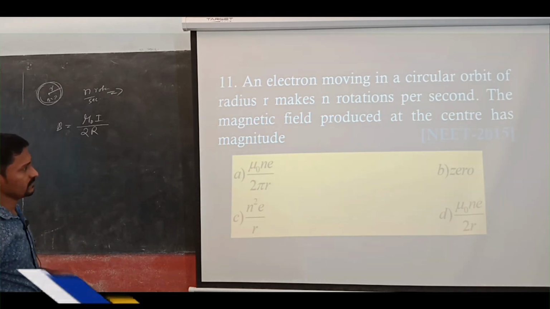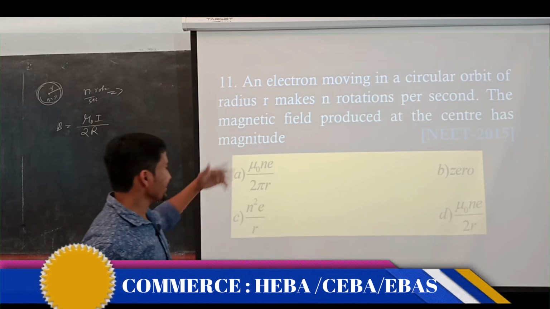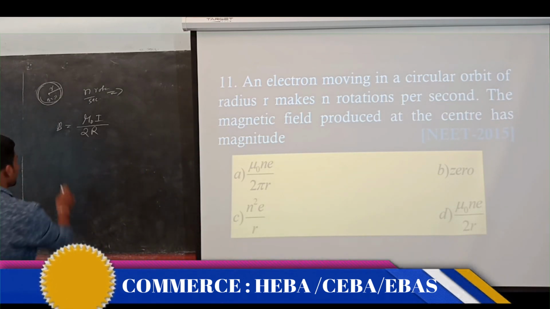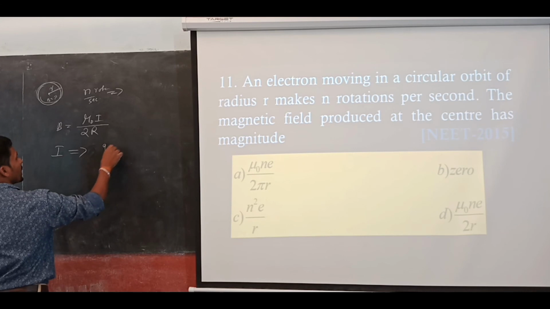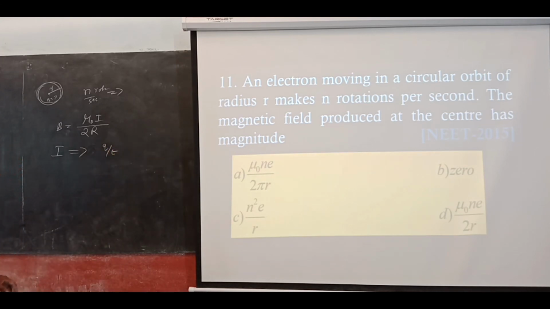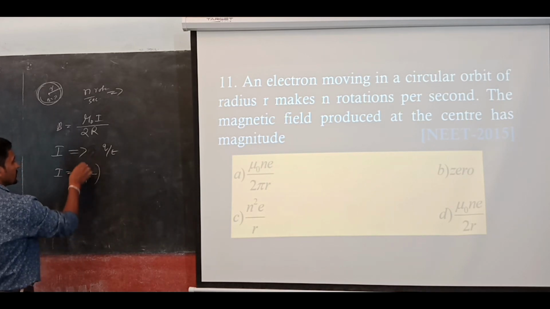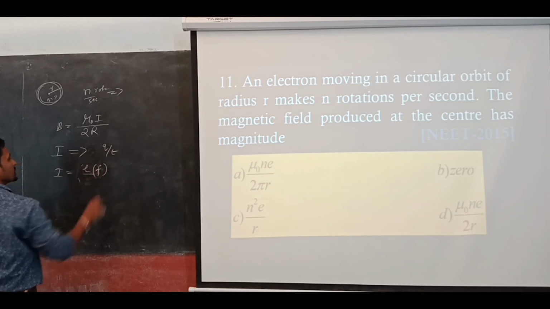Now simple, mu naught I divided by 2r you have to get, but e is there, I is not there. It means that current is converted in terms of Q by T, no? What is current? Current is equal to charge divided by time period. Charge divided by time period means it is frequency in itself.